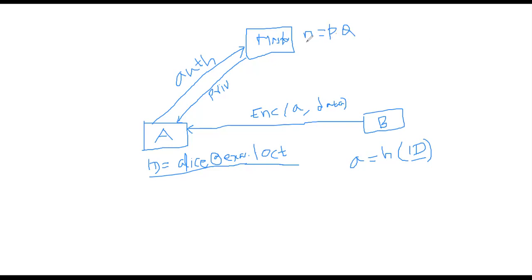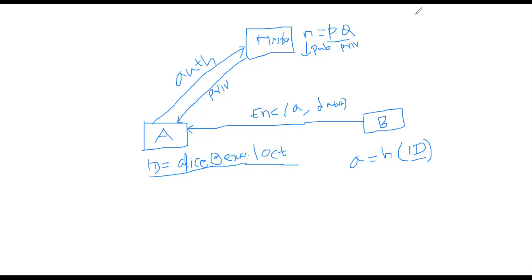He publishes N to the world. Everybody knows the public N, which is a random number, because it's made of two random numbers multiplied. It's a composite number. P and Q are prime numbers. They are private. Only the master knows them. He never shares P and Q with anyone else.